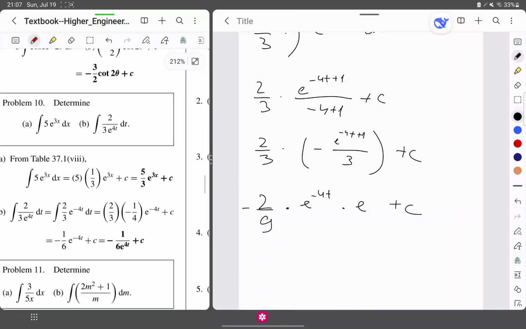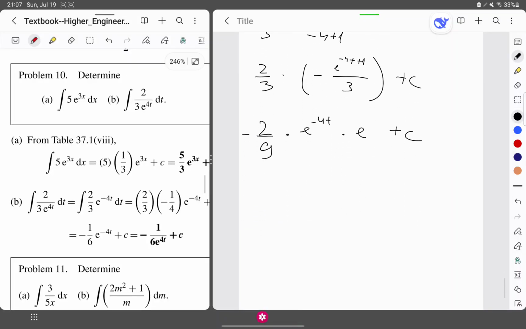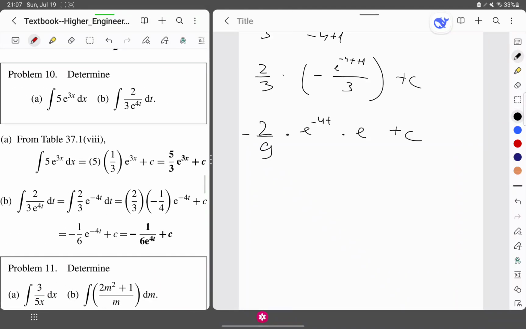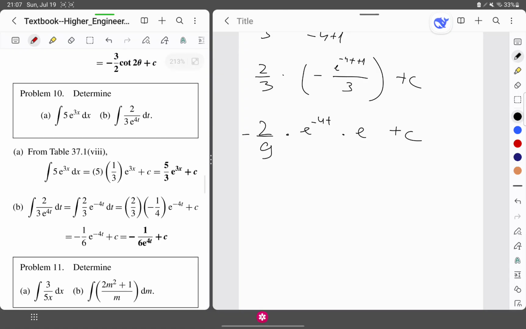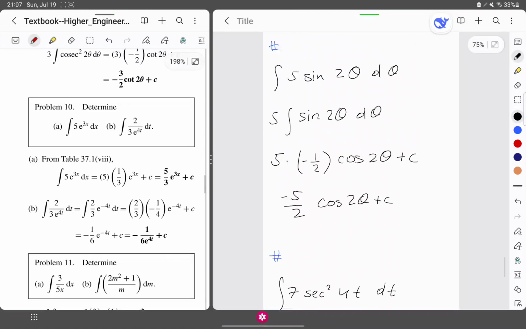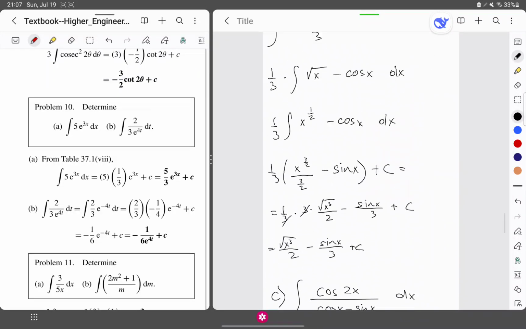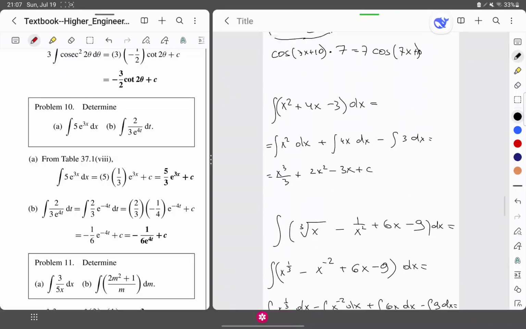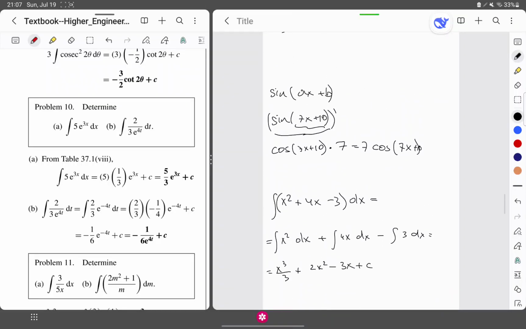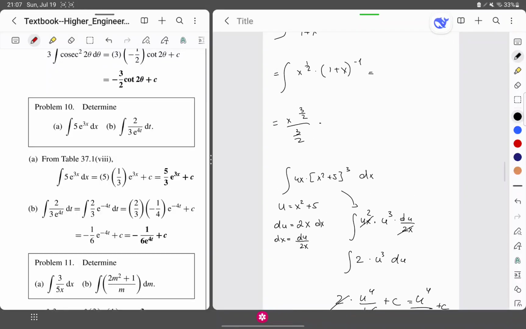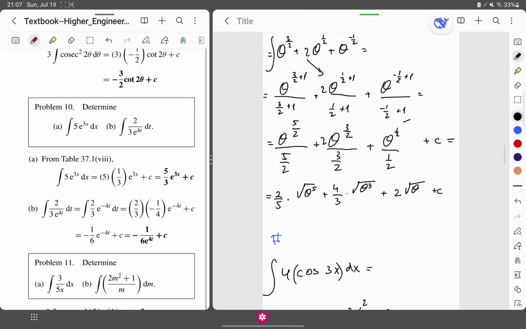Okay, what is this? Negative 4t, negative 1 over 4. Why? There's a rule in this one, and I don't know what it is. Let me see this again with the e's. Where is my e? I just need e.